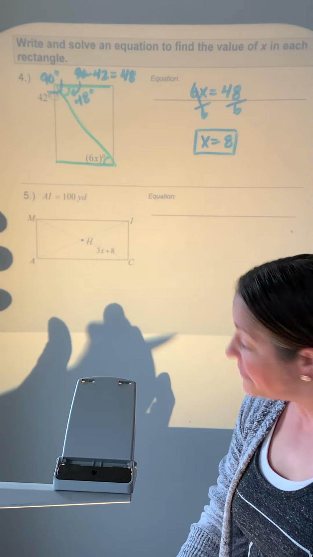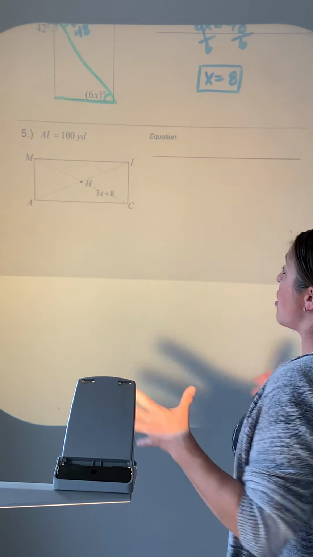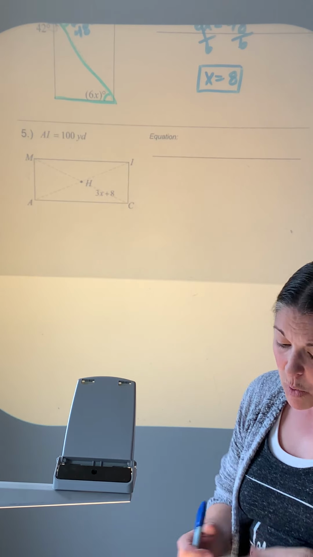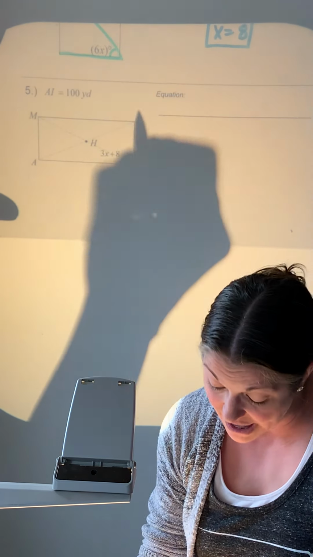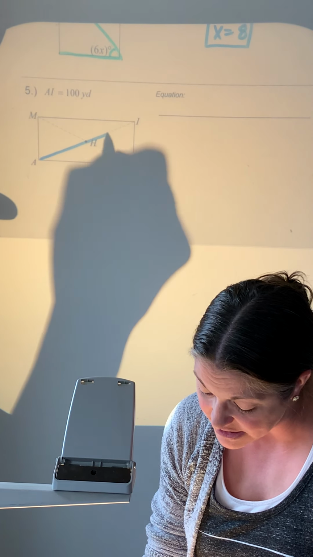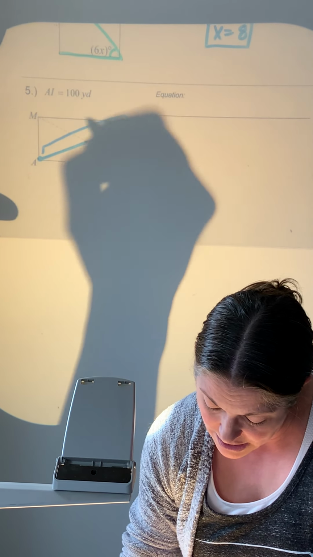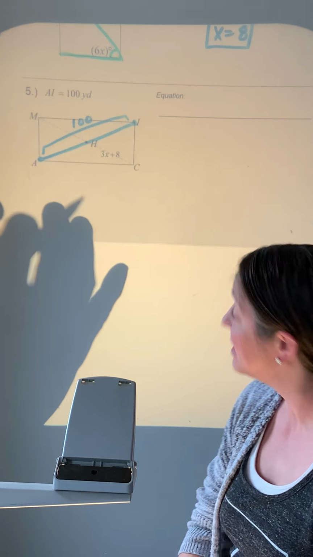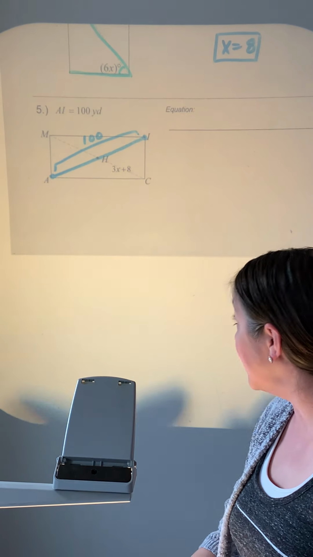And then lastly, for number 5, we've got both diagonals drawn in this rectangle. What we're told so far is that the length of AI, from here to here, this entire thing, is 100 yards. And then they give us this tiny little 3x plus 8.